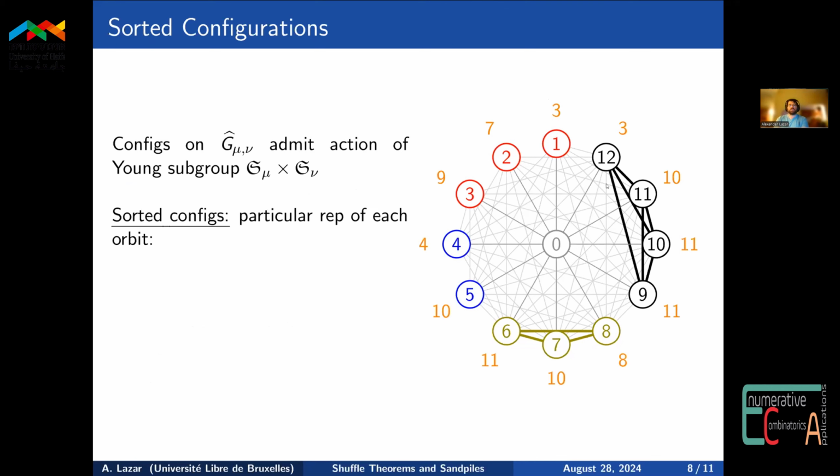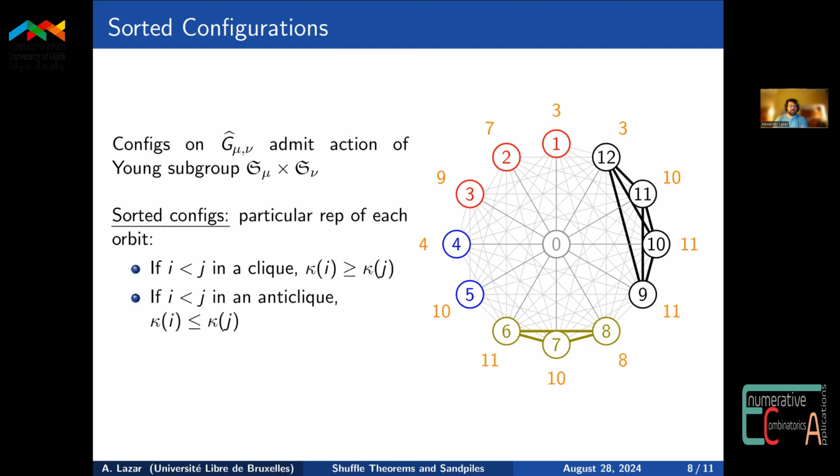So I'm going to pick a particular representative of each orbit so that within the clique blocks, if i is less than j, then kappa of i is greater than or equal to kappa of j. And in the independent blocks, if i is less than j, then kappa of i is less than kappa of j.